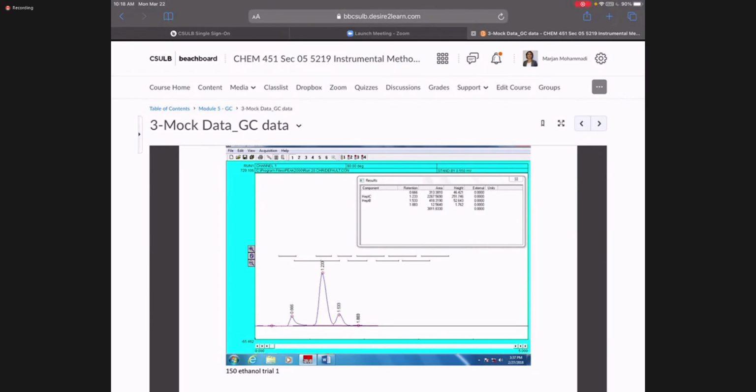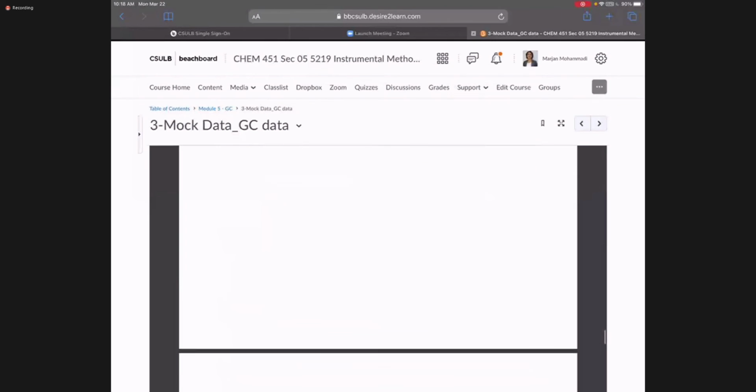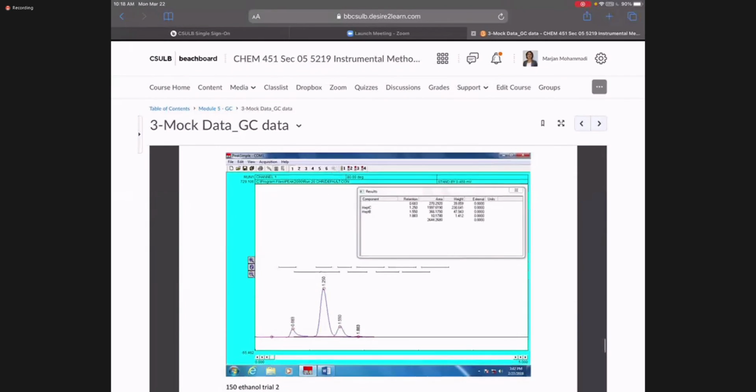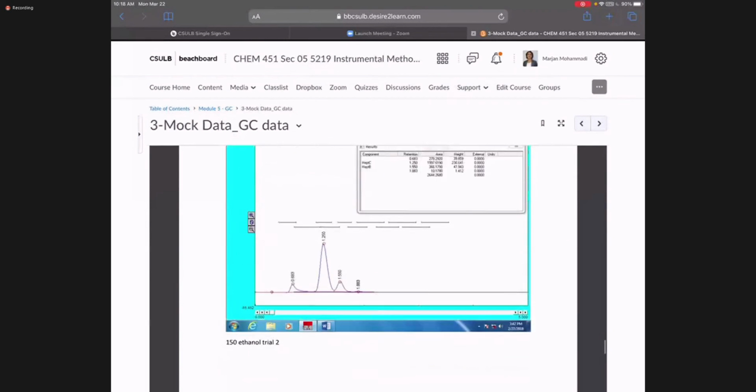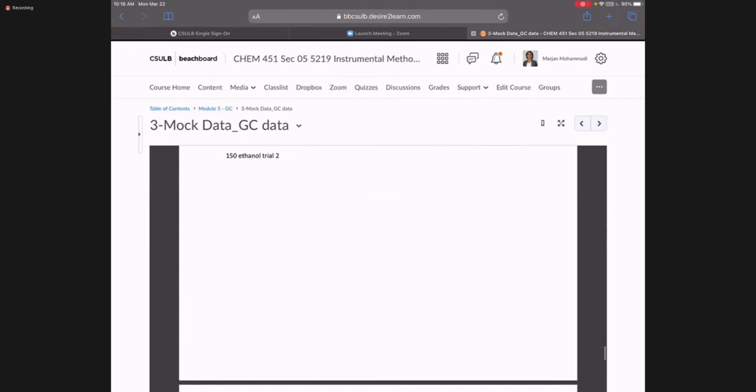Guys, again, particularly for GC, if you see some numbers that are not close enough, don't include those in your averaging because it's going to make your average completely off. Remember, this is the mock data, and this is the real data. Everything depends on, for example, how precisely, so please watch the video carefully. The syringe that we are going to use for GC is a tiny small one.